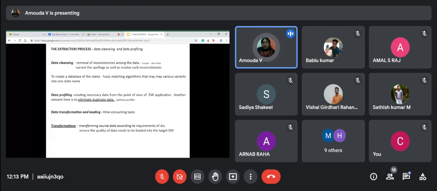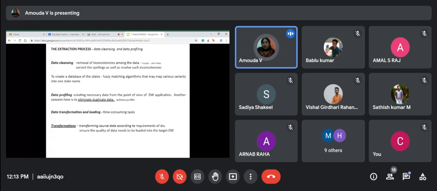Transformation and loading, also followed by the extraction, involve different kinds of work, that is the quality of the data. Finally, you should know the difference between the desired data, relevant data, necessary data, and duplicate data, and then we come to ensure the quality of the data.